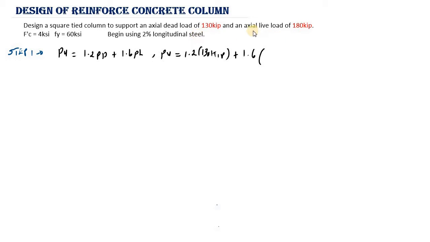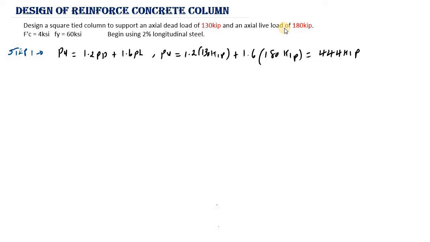We have an axial live load of 180 kip, so this is multiplied by 180 kip. You just need to use your calculator to calculate this value. If you use your calculator, you are going to get the factored load Pu equal to 444 kip. So this is the factored load Pu, 444 kip.